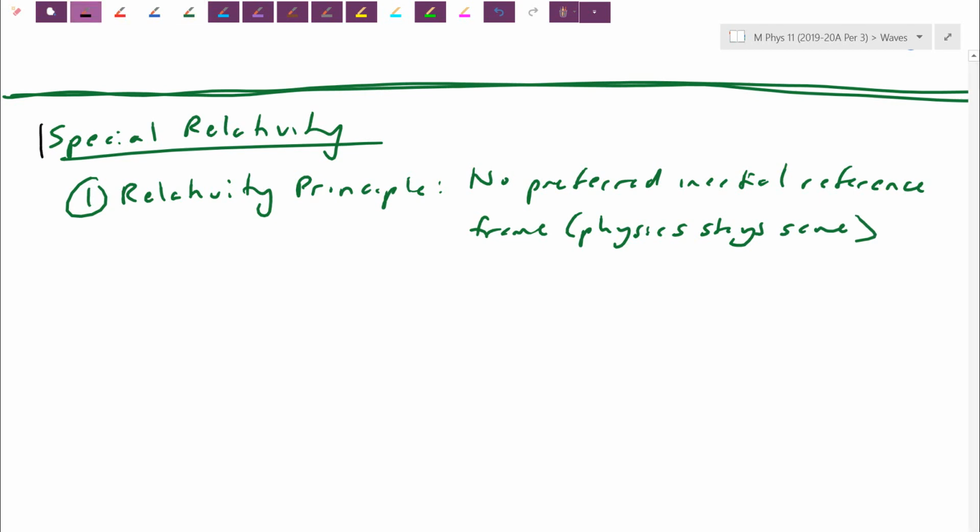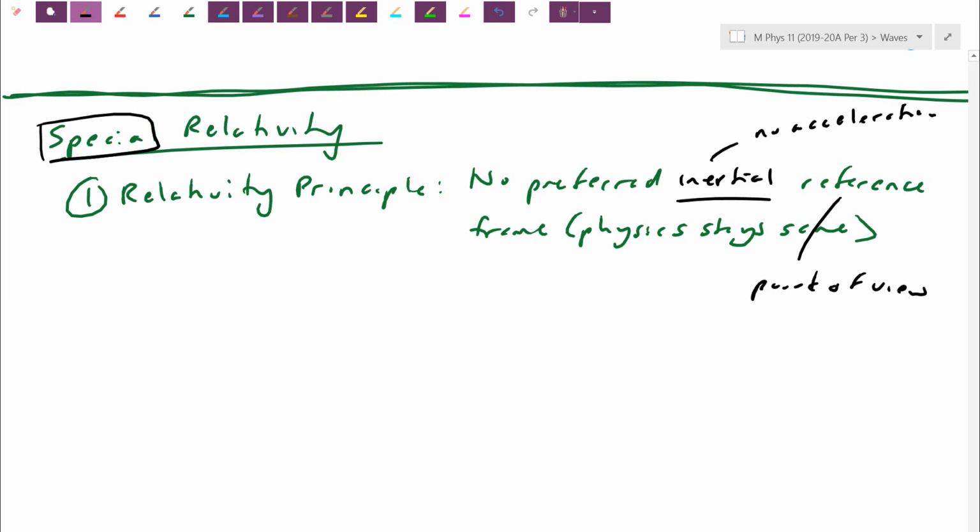When they say special relativity as opposed to general relativity, they use the term inertial, and inertial basically means there is no acceleration. Reference frame just basically means point of view. It's like who you ask.